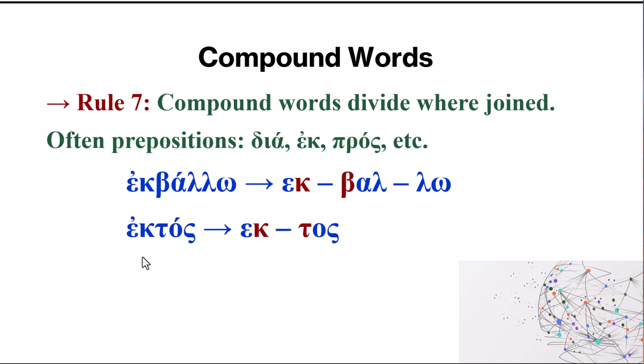Another example is ektas, the outside. Here we have ek is splitting from tas, even though kappa and tau can be pronounced together in some words. For instance, ktisis, which means creation. But this is ektas, so it's ek splits where the compound word joins, and then tas.